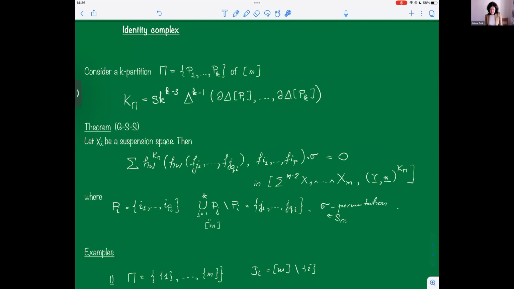Now, taking the composition complex with respect to this atomic identity complex, we propagate it by taking L_1 to L_k to be the boundaries of these simplices that are associated to the partition pi.